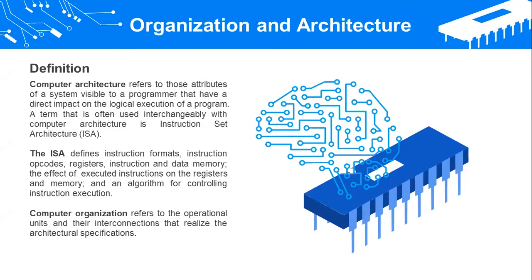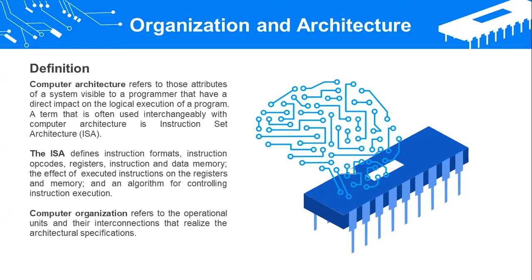And the first is organization and architecture. Based on the definition, computer architecture refers to those attributes of a system visible to a programmer that have a direct impact on the logical execution of a program. A term that is often used interchangeably with computer architecture is instruction set architecture, or ISA.